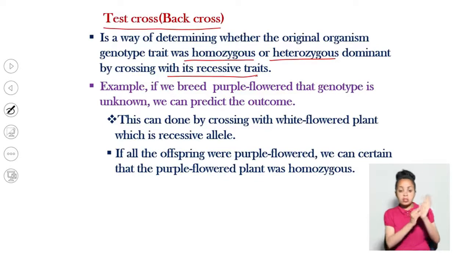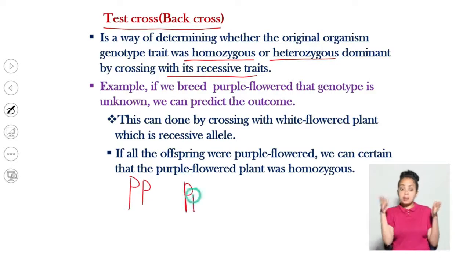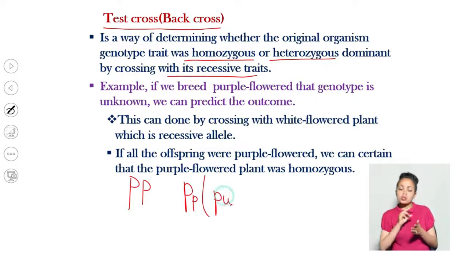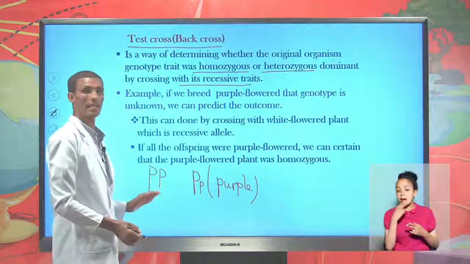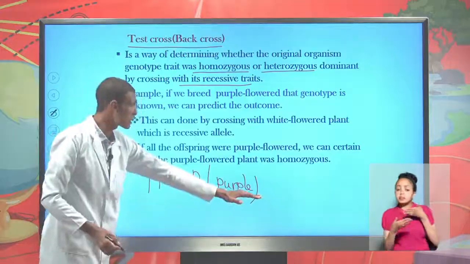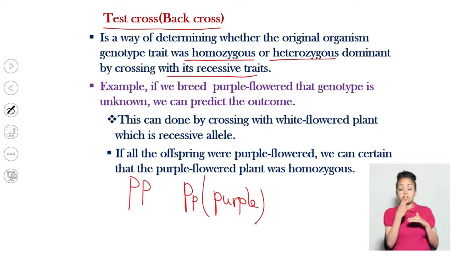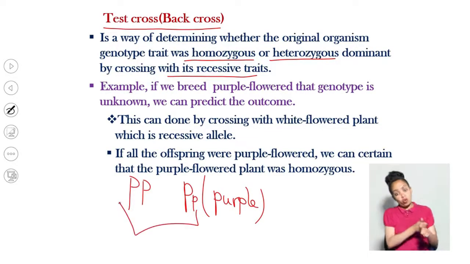For example, capital P capital P is homozygous purple, and capital P small p is heterozygous purple. Both characters stand for purpleness, so suppose we are uncertain: only the dominant purple character is given to us, and we are not certain whether it is homozygous or heterozygous.